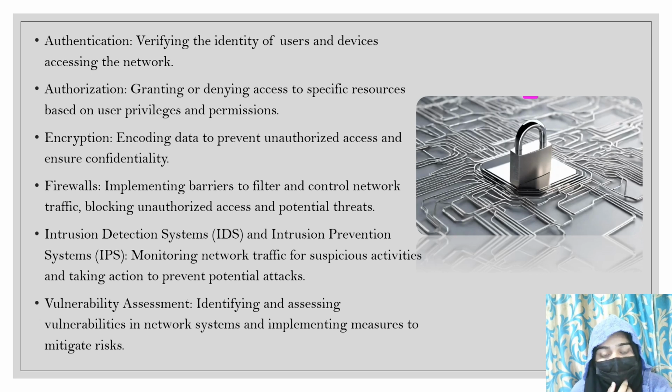Intrusion detection systems and intrusion prevention systems: monitoring network traffic for suspicious activities and taking action to prevent potential attacks. Vulnerability assessment: identifying and assessing vulnerabilities in network systems and implementing measures to mitigate risk.